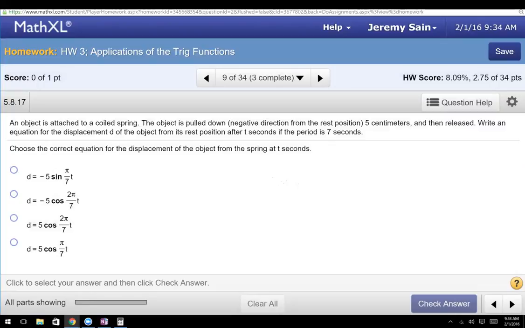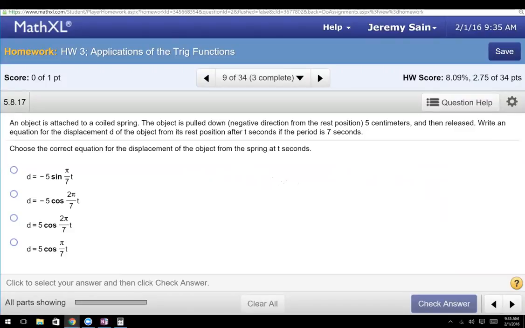All right, so going back to this thing. If the period is 7 seconds, omega is 2 pi over the period, so the omega we want is 2 pi over 7. The object is pulled down and then released. Write an equation if it's that. Cosine of 0 is 1, and then 0 and then -1.